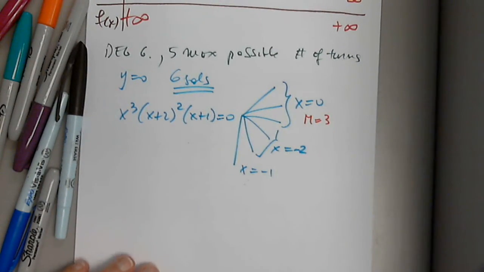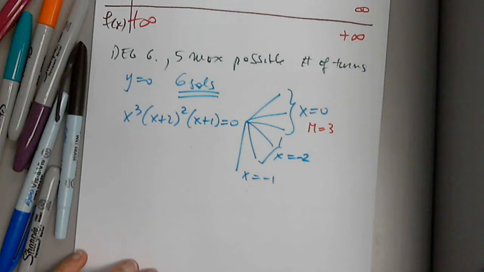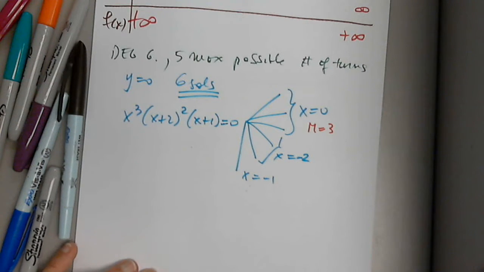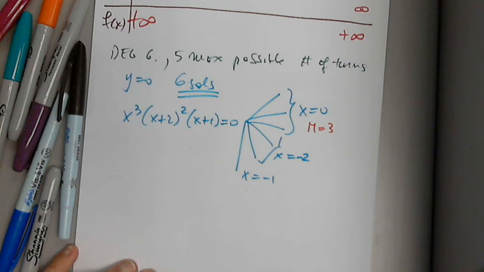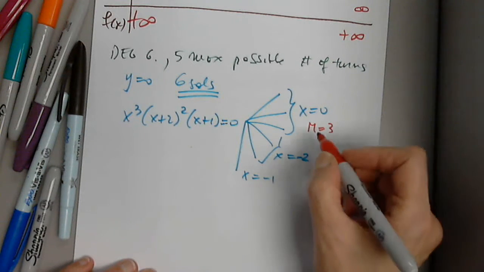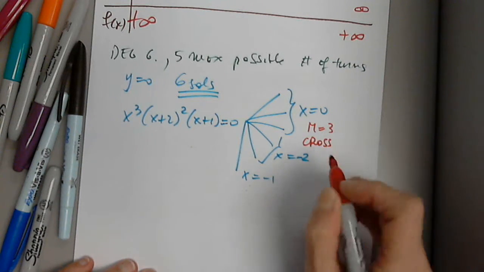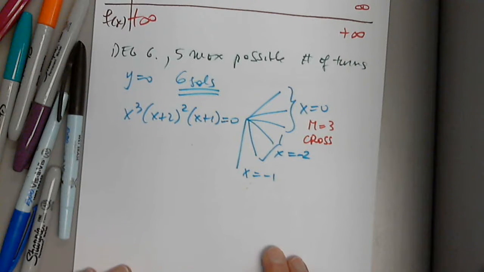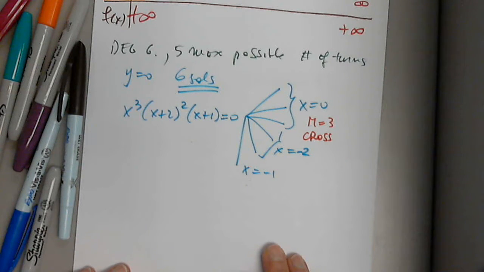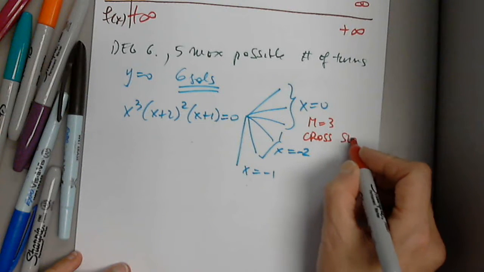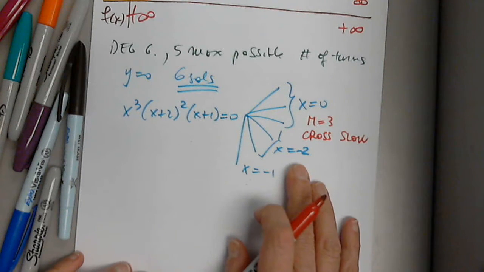What does the function do over there? Cross or turn? Cross. All odd multiplicities are cross. Always remember the linear function, right? So what type of cross? Straight, fast, or slow? Remember x cubed. Slow.